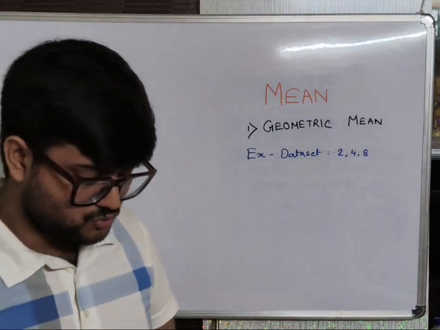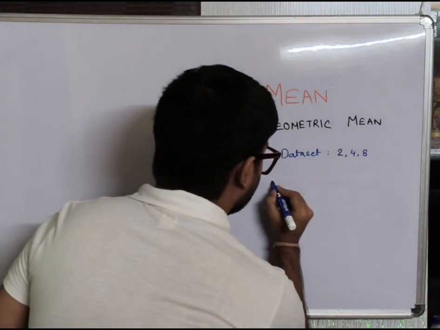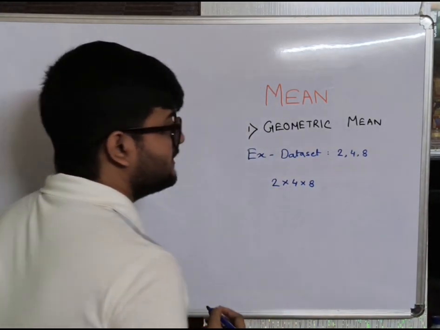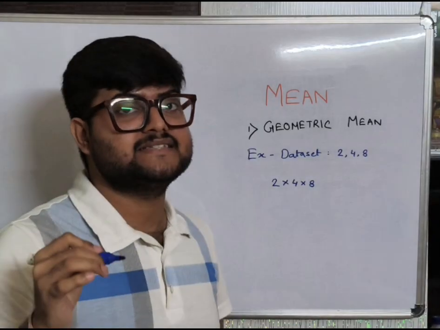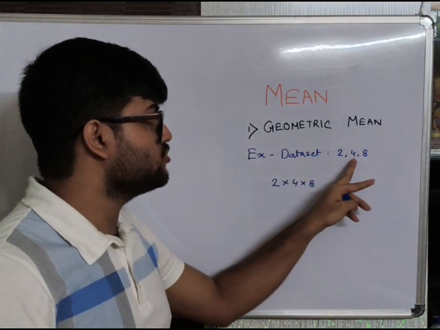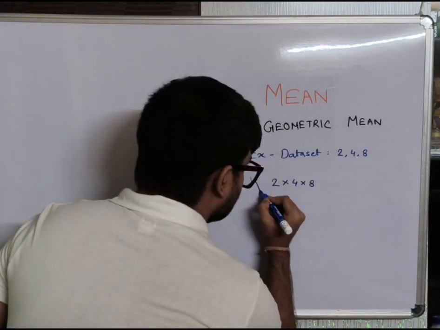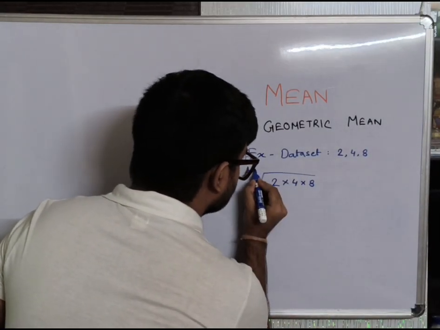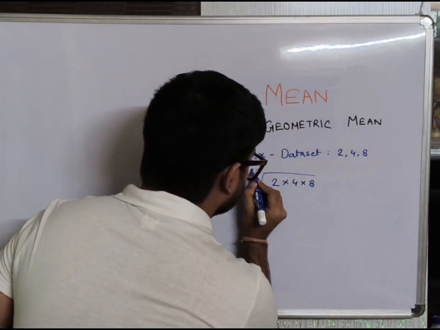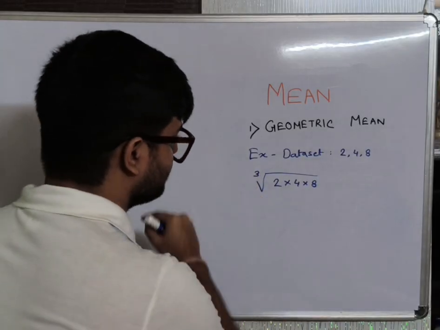So in order to calculate the geometric mean, we will need to multiply them, and take the nth root. Here n means the number of observations, in this case it is 3: 1, 2, 3. So we will be taking the positive nth root, where n is 3.